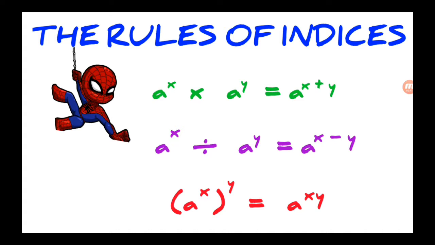So a to the power x times a to the power y is a to the x add y. A to the power x divided by a to the power y is a to the x minus y, and then a to the power x to the power y is equal to a to the power x times y. So when powers are separated by a bracket, they multiply together. So these are the rules, let's use them.